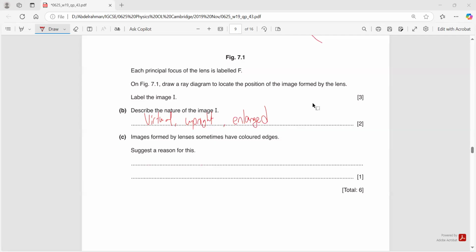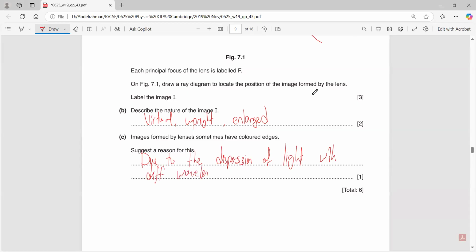So due to the dispersion of light in the glass, different colors might have different wavelengths due to the dispersion. That's it.